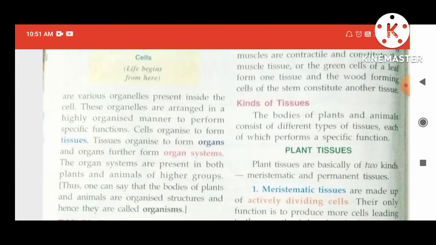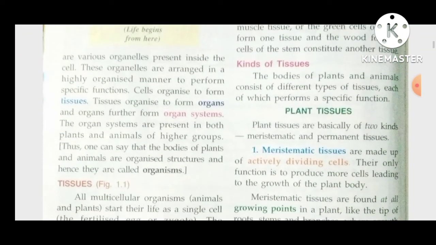The bodies of plants and animals consist of different types of tissues, each of which performs a specific function. Plant tissues are basically of two kinds: meristematic tissue and permanent tissue. What is meristematic tissue?